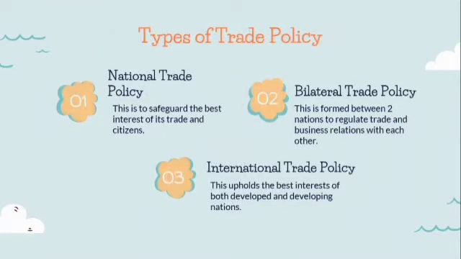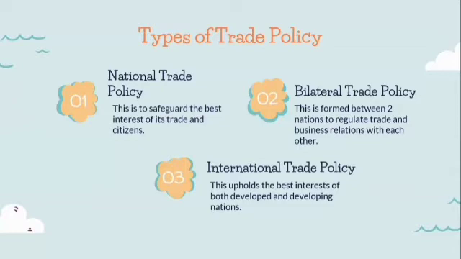So there are three types of trade policy depending on the number of parties involved. This includes national trade policy, bilateral trade policy, and international trade policy. In national trade policy, every country formulates this policy to safeguard the best interests of its trade and its citizens. This policy is always in consonance with the national foreign policy.